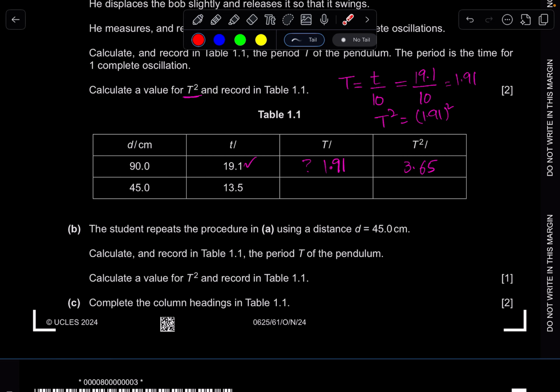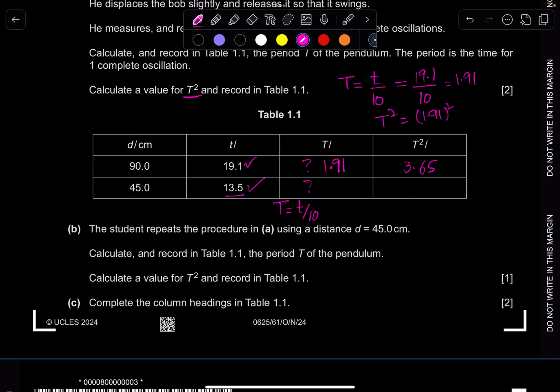In part B, the student repeats the procedure using a distance of 45 centimeter. Calculate and record in table 1.1 the period T of the pendulum. Calculate the value of T square, and so you have to fill it in for this as well. Same process: the time period is the total time divided by 10.